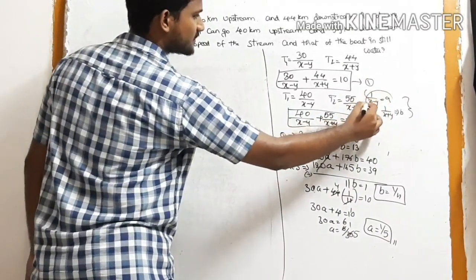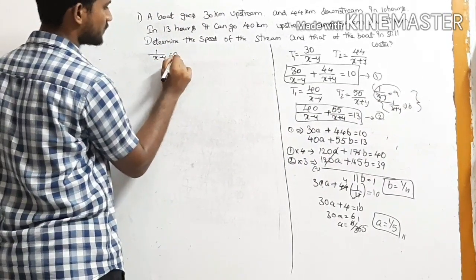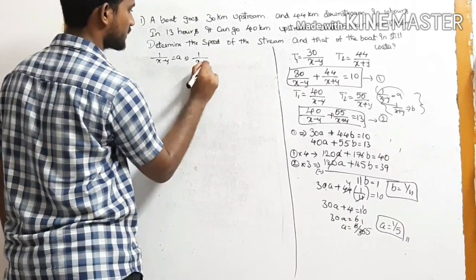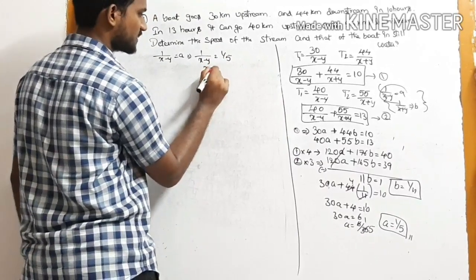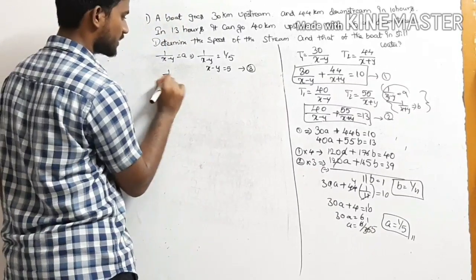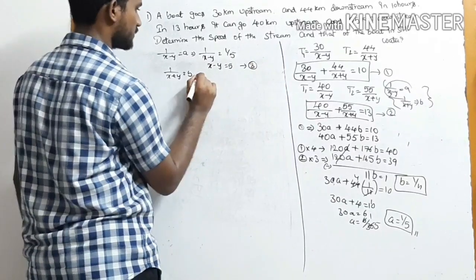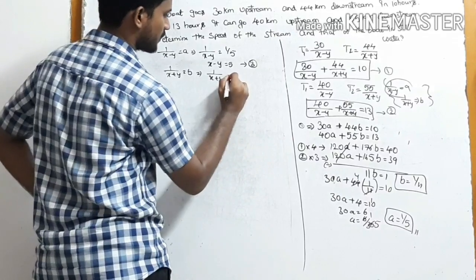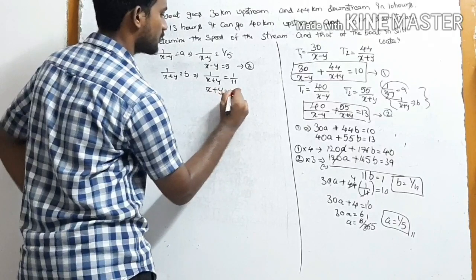Here 1 by x minus y equals a, and a means 1 by 5. So 1 by x minus y equals 1 by 5. By cross multiplication, x minus y equals 5. It is the third equation. By taking 1 by x plus y equals b, and b is 1 by 11, by cross multiplication x plus y equals 11.